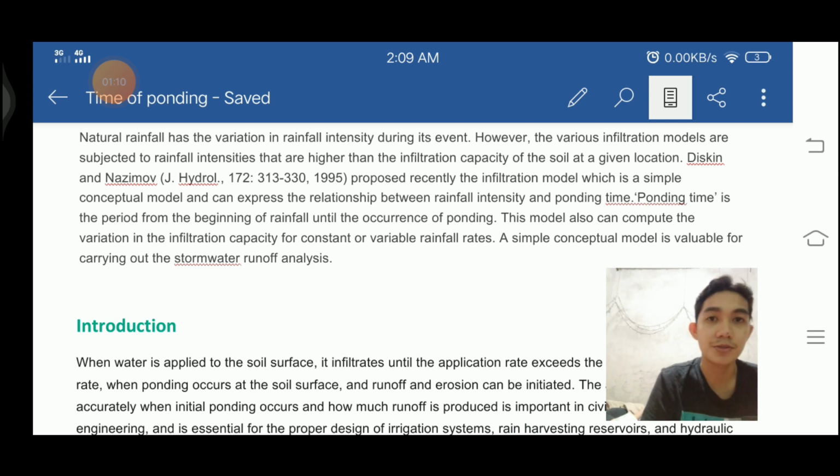So, ponding time is the period from the beginning of rainfall to the occurrence of ponding. This model can compute the variation of the infiltration capacity for constant or variable rainfall rates. A simple conceptual model is available for carrying out the storm water runoff analysis.